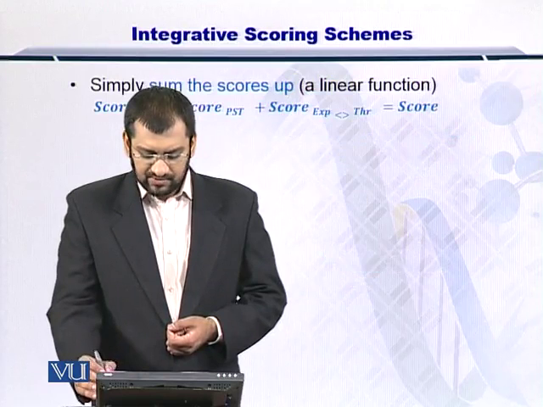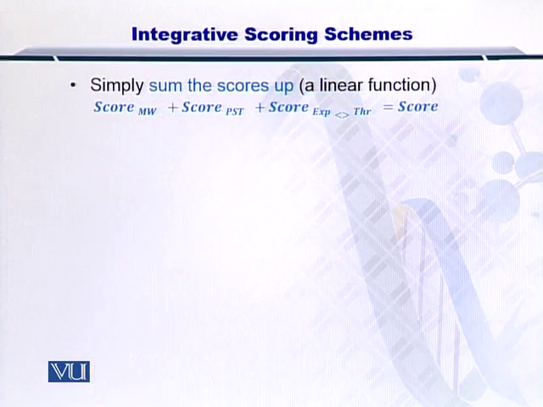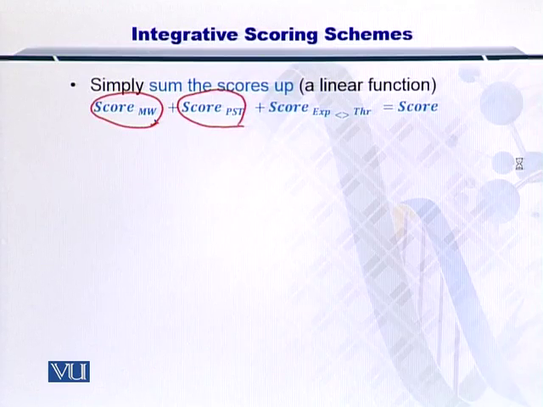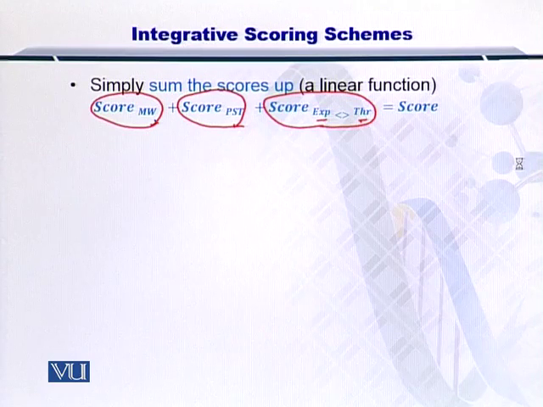Let's take a look at the options that we have. Simply, we can just add up the scores. The score from the molecular weight can be added with the score from the PSTs and the score from the experimental and in silico or theoretical spectral comparison. But you cannot add oranges and apples and bananas.